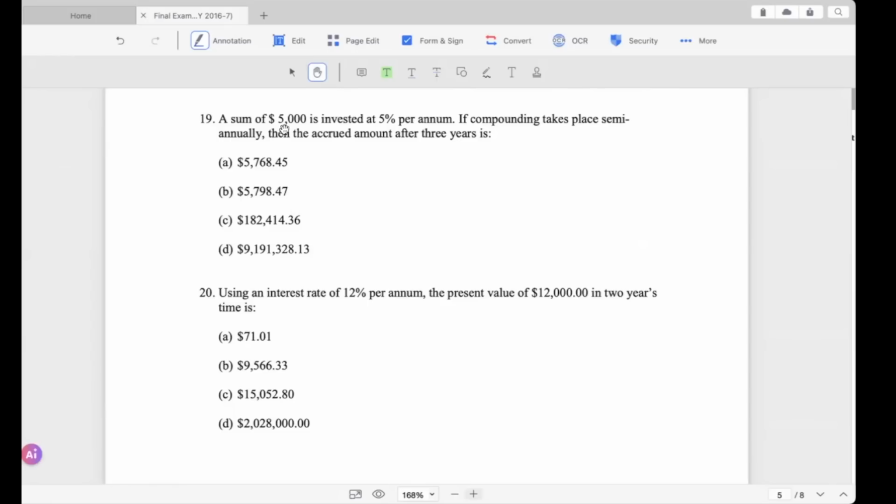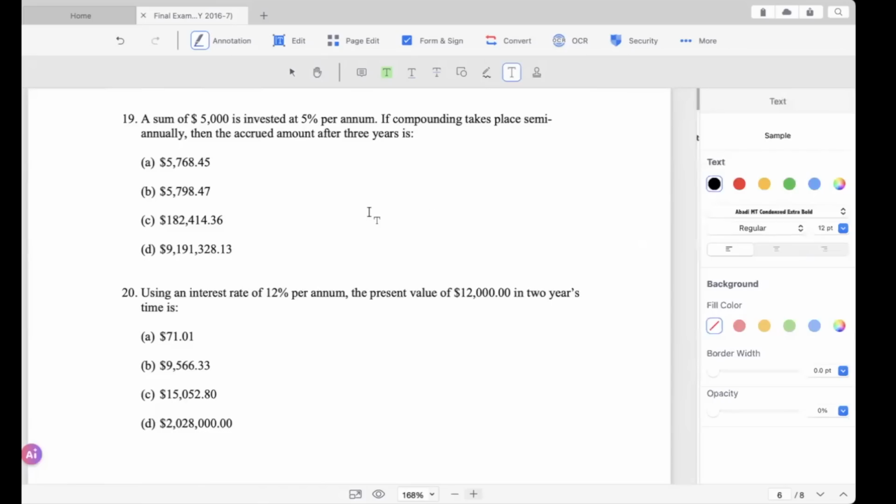A sum of $5,000 invested at 5% per annum. Its compounding takes place semi-annually. Then the accrued amount after 3 years is. Now, you can use the compound interest formula, but you can also use the future value formula or even the present value formula.